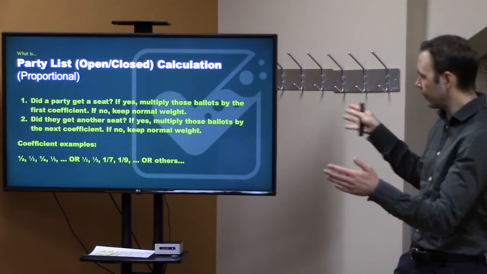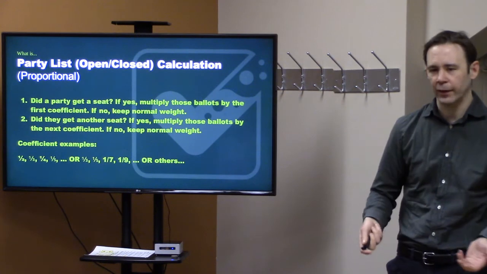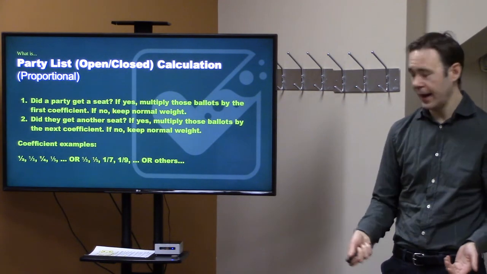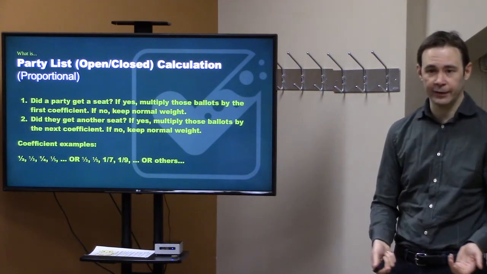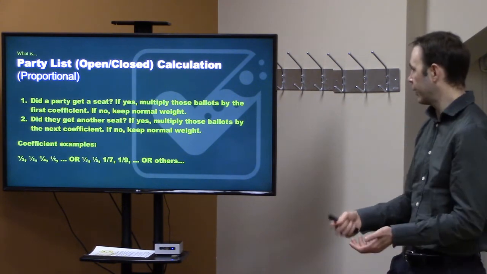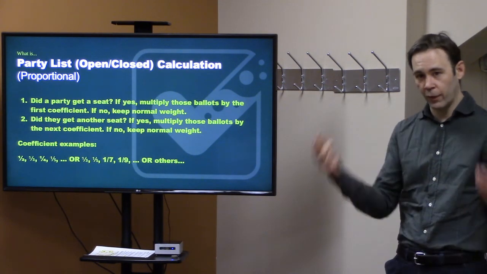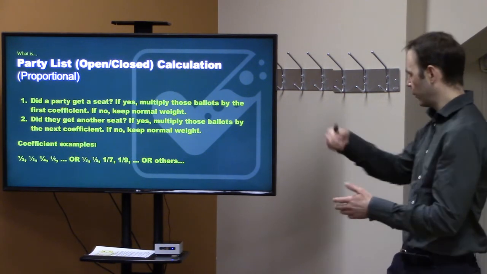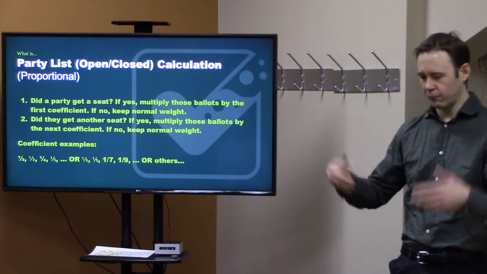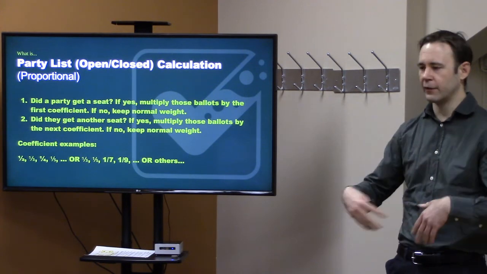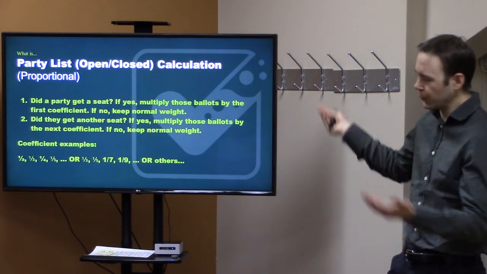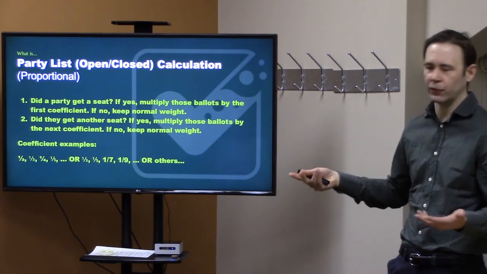So there are different ways of doing it. If you got your first person elected, you get reweighted by 1/2. Say you got someone else elected in a later round, now your ballot has 1/3 of its original weight, and it will keep doing that as you elect more people. And the weight of your ballot is tallied along with the rest of these ballots. And so it's doing this reweighting, and it gets a proportional outcome.